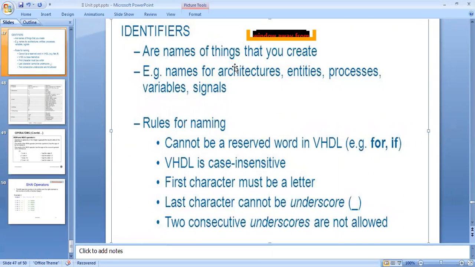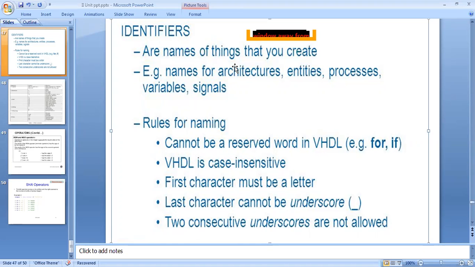Examples: names of architectures, names of entities, names of variables, and names of signals. Already you know, at the architecture you mention the architecture name; that architecture name is considered an identifier. Similarly, at the entity you mention the entity name; that entity name is called an identifier.